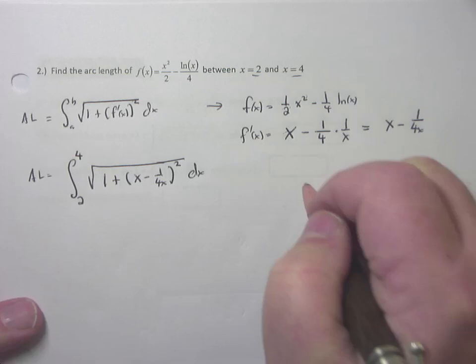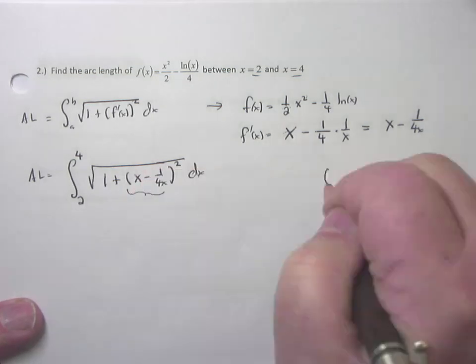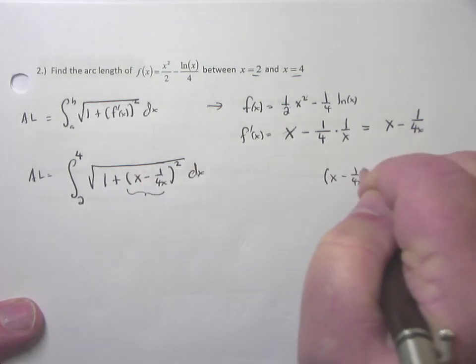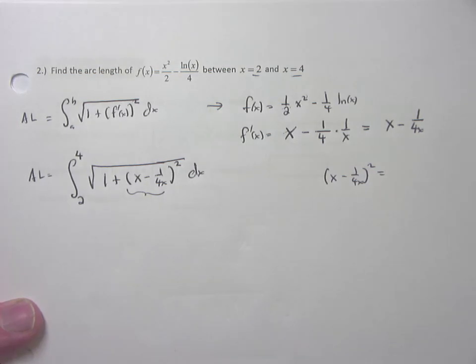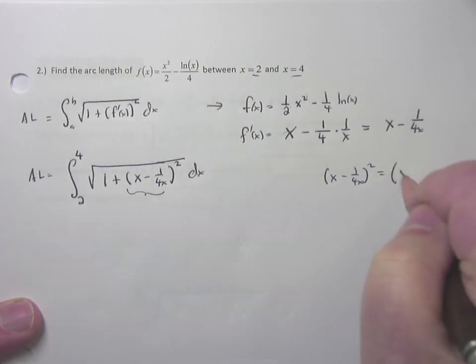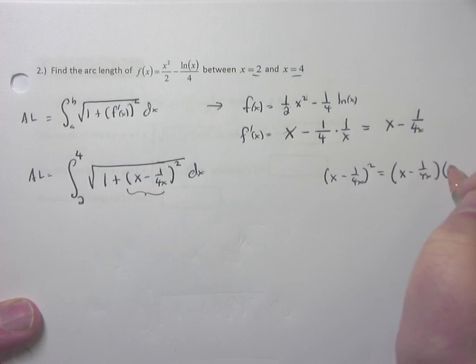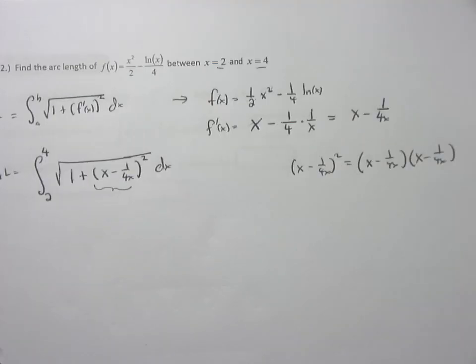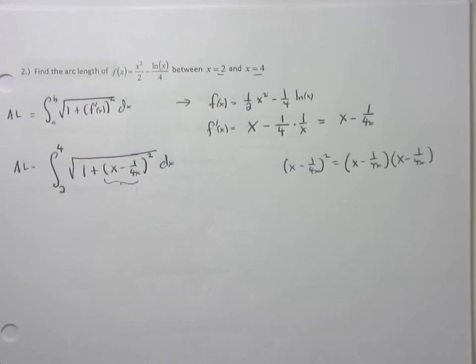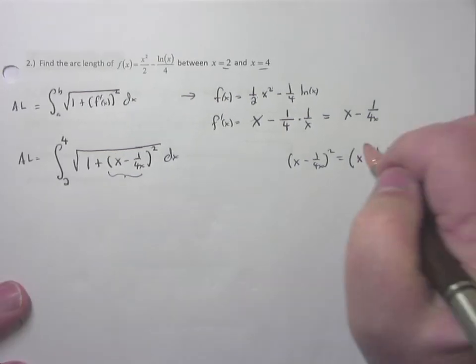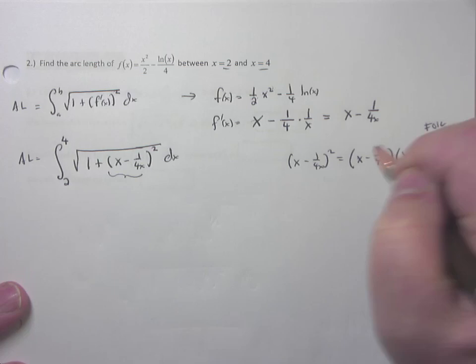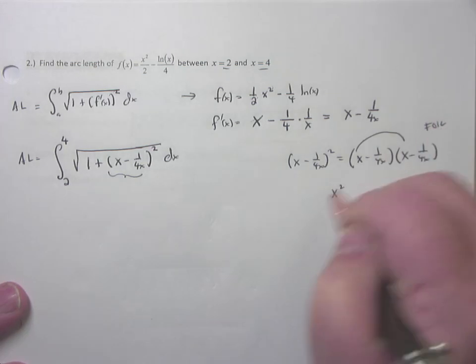To clean it up, you first have to clean up this x minus 1 over 4x squared. By definition, it means x minus 1 over 4x times x minus 1 over 4x. To clean that up, I have to distribute, FOIL it out. X times x is x squared.